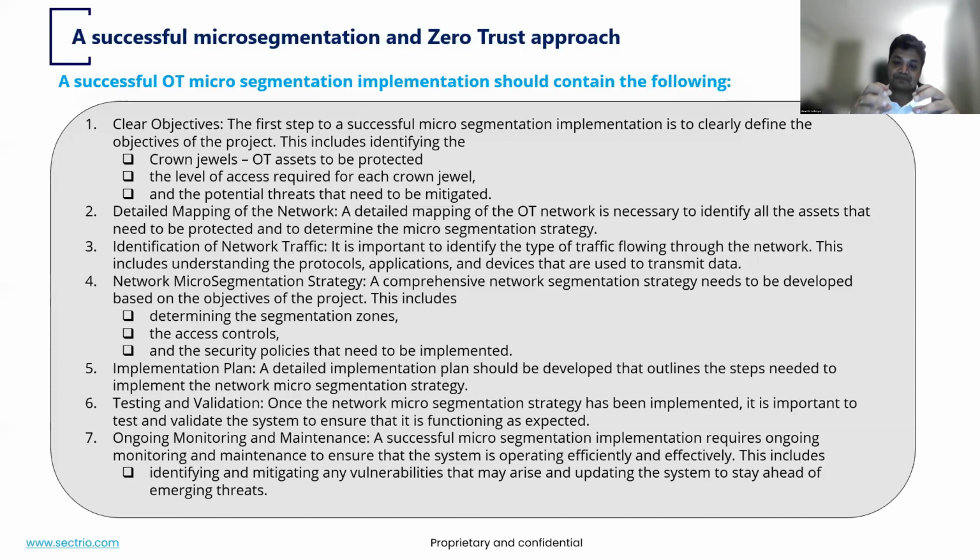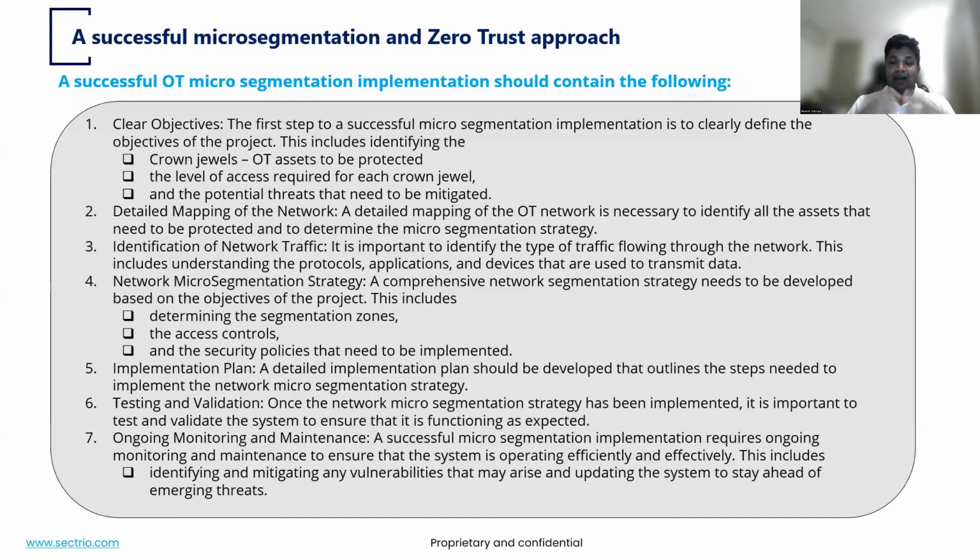And also, if there is a complete LAN network that you have, we build a topology based on what we see on your network, so that it clearly calls out what assets are part of what specific segments which you've already defined as part of the network. That would be important.